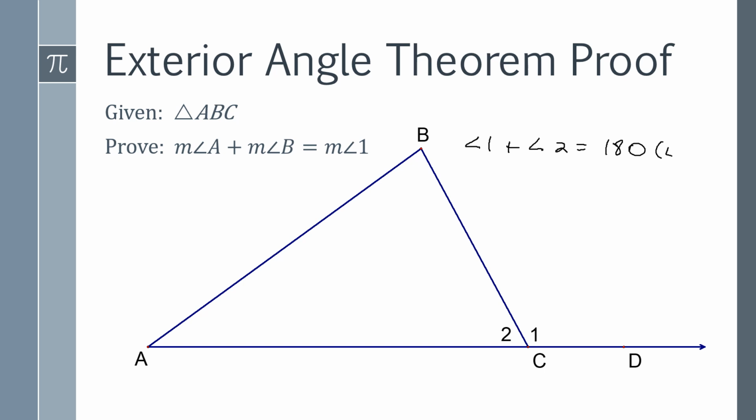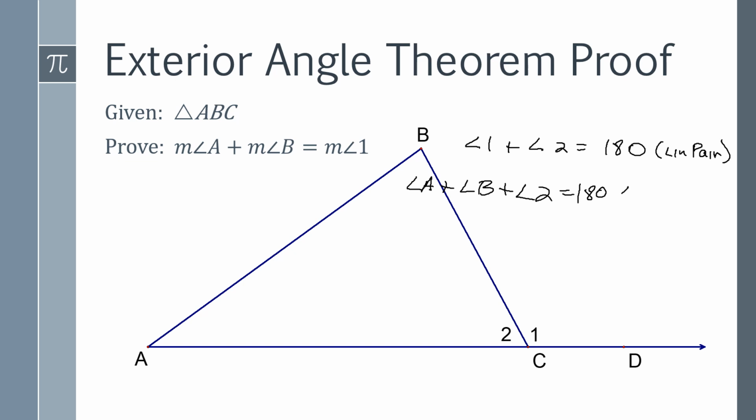That's because a linear pair. I can also state that angle A plus angle B plus angle 2 equals 180.